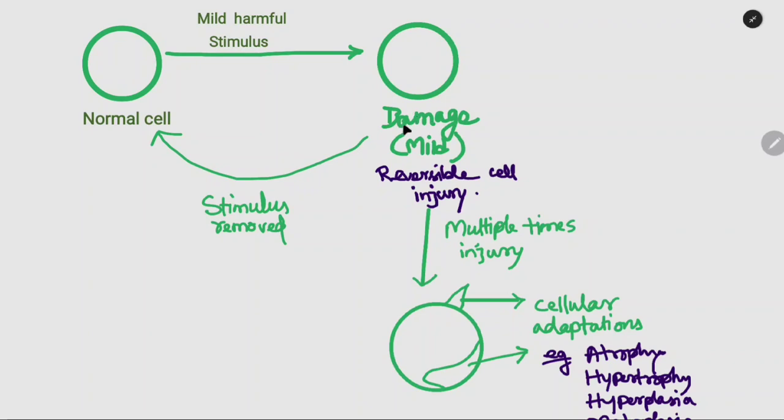Now you may think, what is the damage that occurs in the normal cell? Damage here means certain morphological changes that occur within the cell, and these are called the morphology of reversible cell injury.